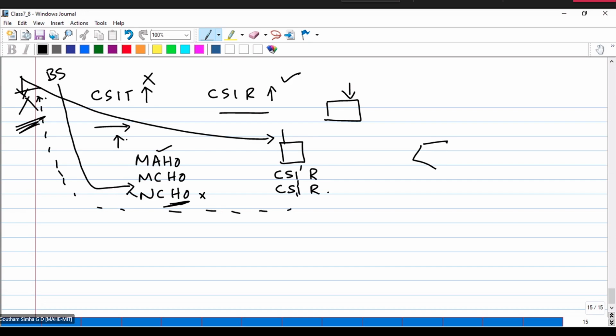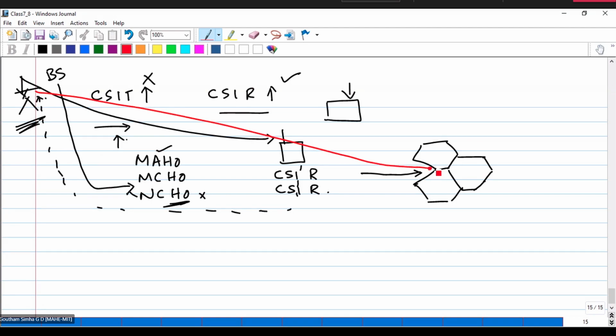Now you know the cell structures and cell geometry, why it is like this and so on. I'll give you a proper example of why exactly CSIR availability is required. Now the mobile is traveling from left to right. The signal strength from this base station is available only till this point.